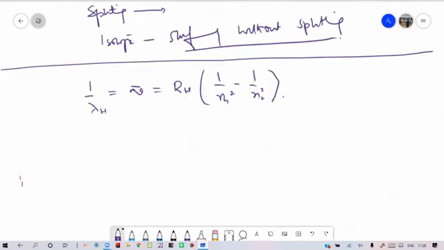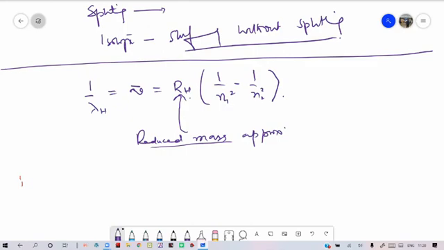And if you remember this, we have derived it for the case of reduced mass. There we have used the reduced mass approximation. So this mass actually enters directly into the Rydberg constant.